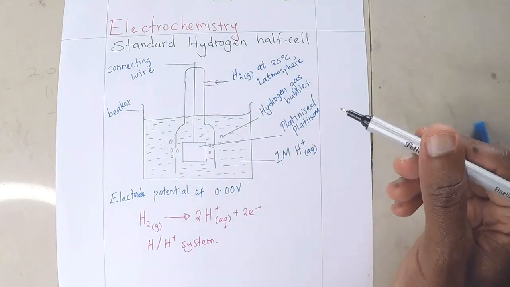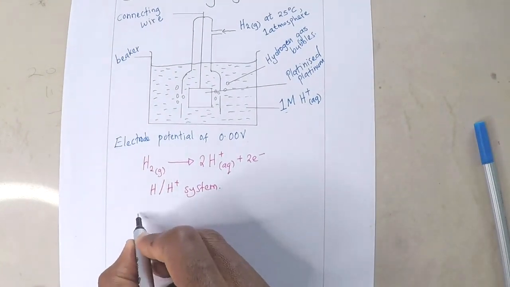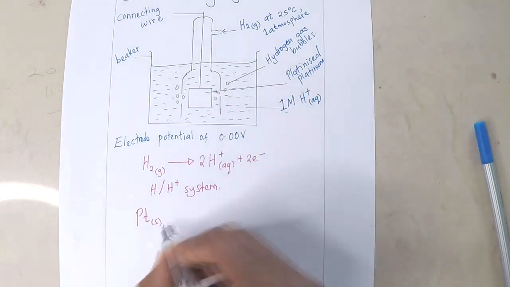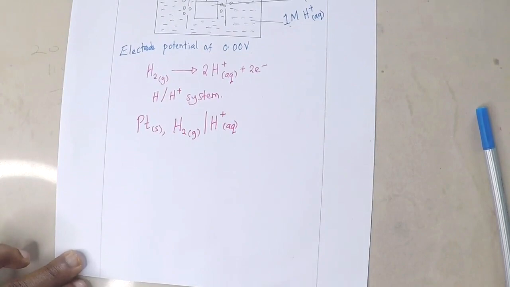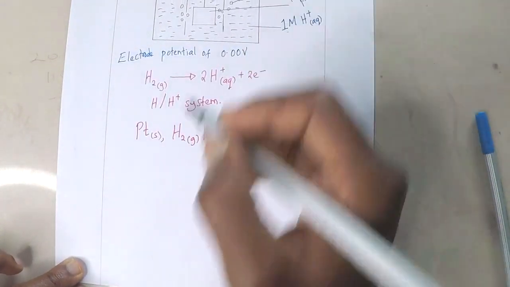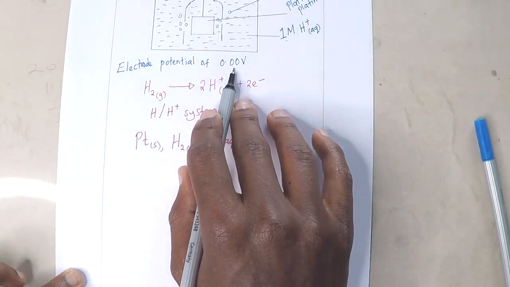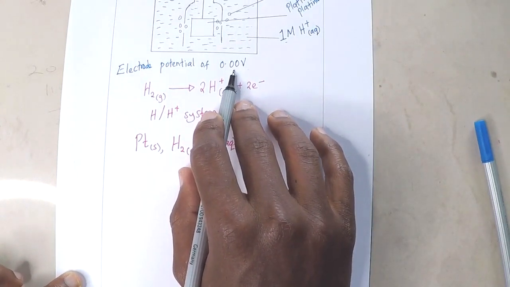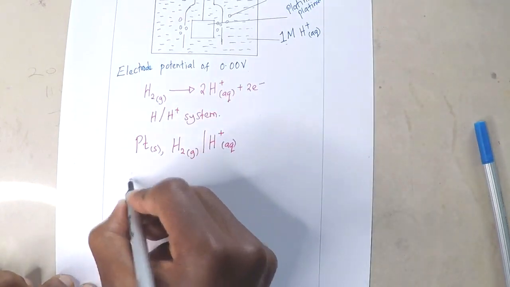The standard hydrogen half cell is represented as follows. The standard electrode potential for this half cell, as we said earlier, is 0.00 volts, which means that the half cell equation can be represented like this.